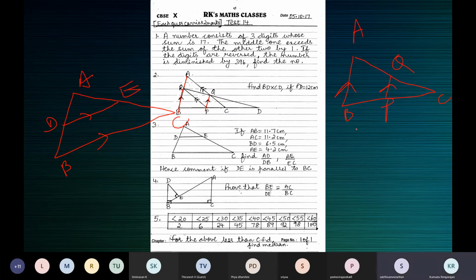Oh, for the same thing you're saying. No, I'm asking you for the other set of parallel lines. Ma'am, in triangle ABC, RP is parallel to AC.